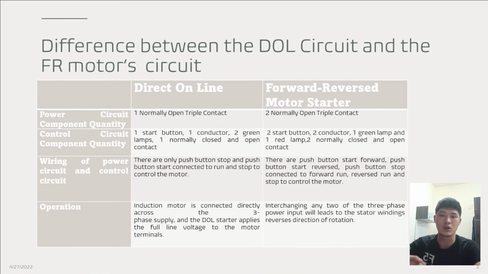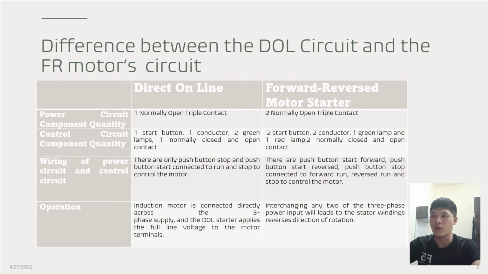The difference between the DOL circuit and the FR motor circuit can be defined in terms of their power circuit and control circuit component quantity, their wiring, and their operation. For the DOL, there is only one normally open triple contact, but for the forward reverse motor starter, there are two normally open triple contacts in the power circuit.